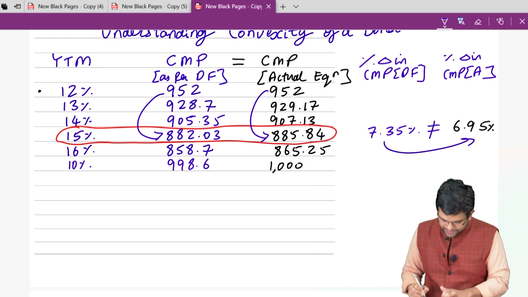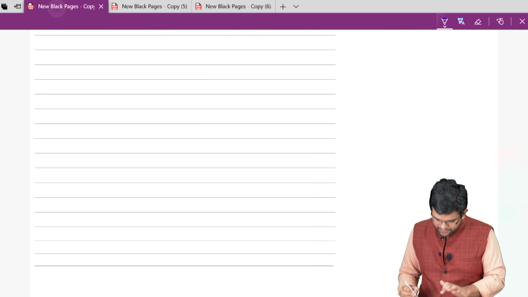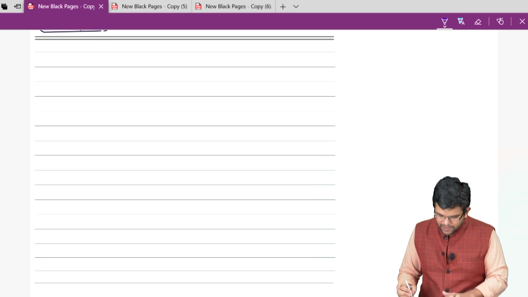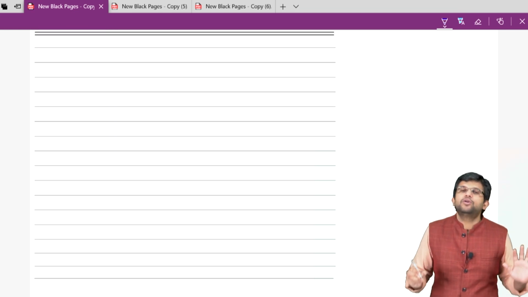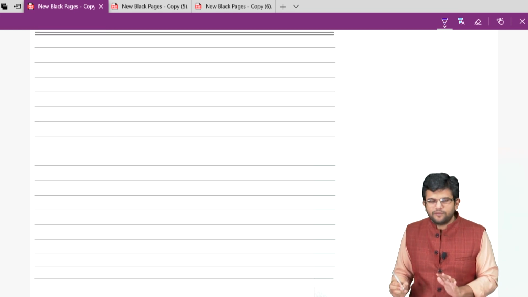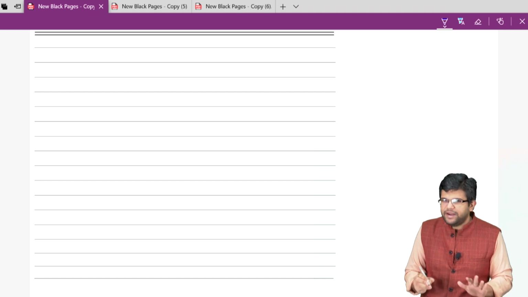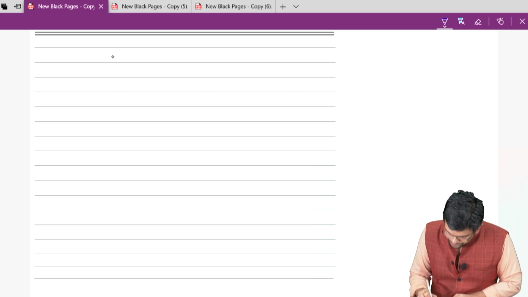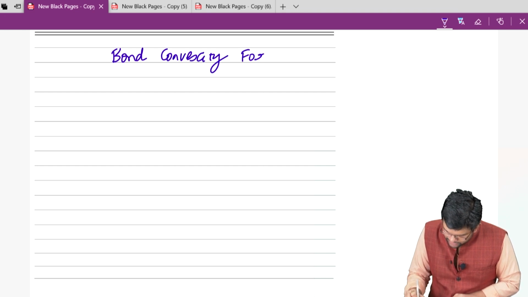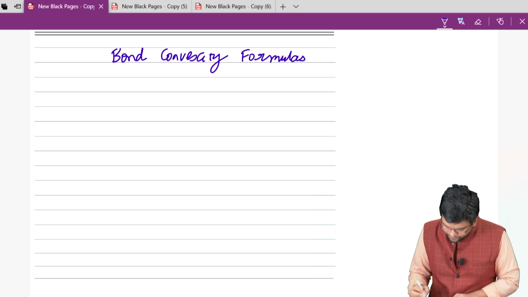How? Let us see. So children, listen very carefully. Okay, I'll just write down. See, there are two formulas that you need to learn by heart from exams point of view. Please be very attentive. Okay, so I'll write down here bond convexity formulas.